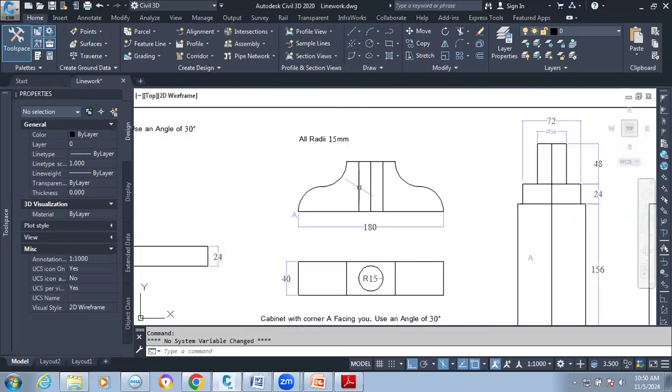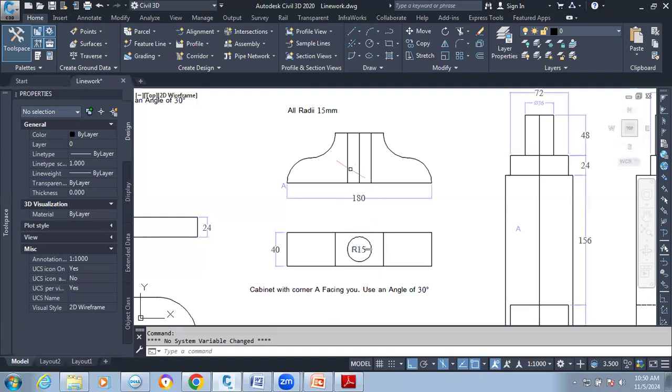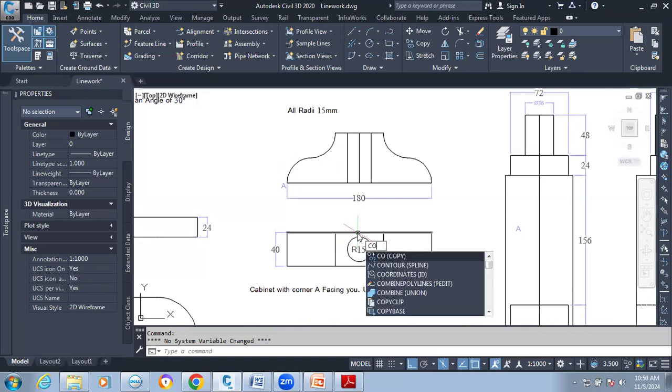I normally use this example because it has curves on the front facing side as well as one on the receding side. So copy this.